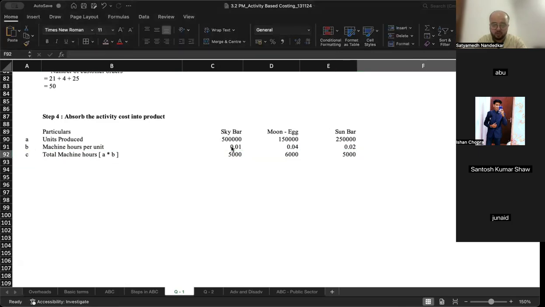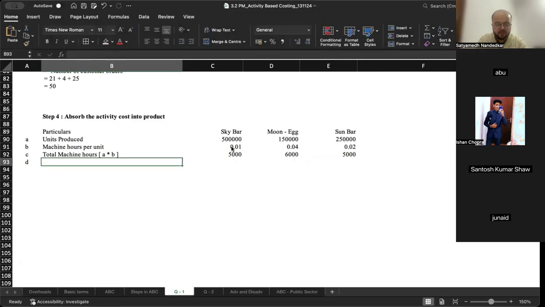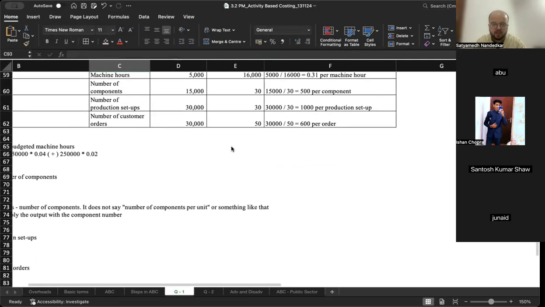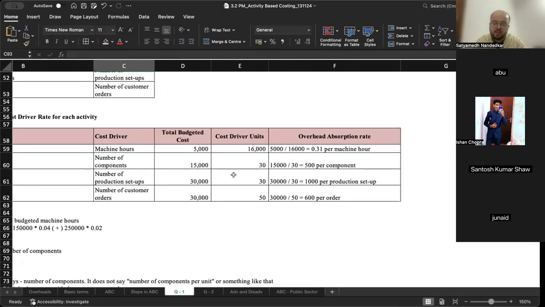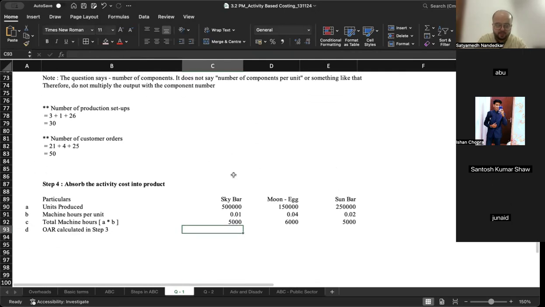You already have the total with you. A, B, C, D. D will be overhead absorption rate calculated in step 3. How much is the overhead absorption rate? 0.31 per machine hour.